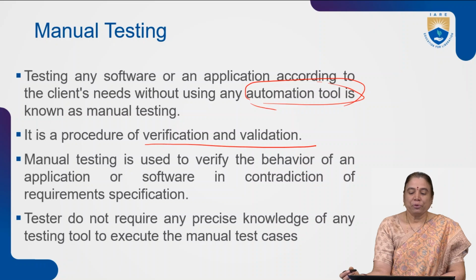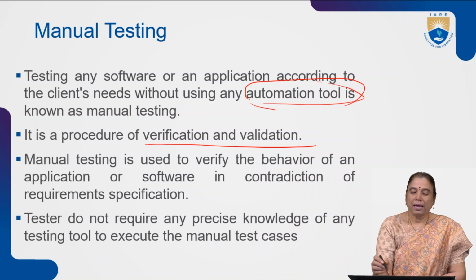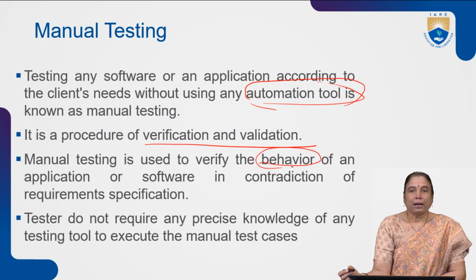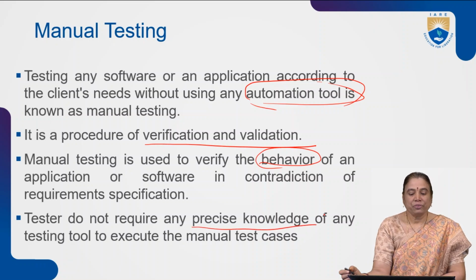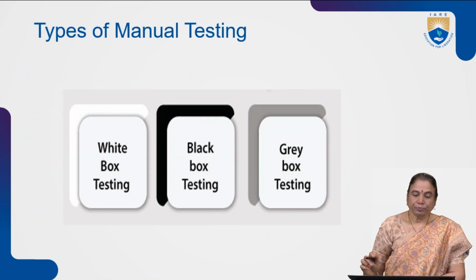Manual testing is used to verify the behavior of the application according to the specified requirements. Testers do not require any precise knowledge of any testing tool to execute the test cases.